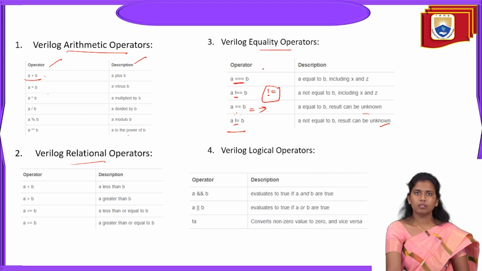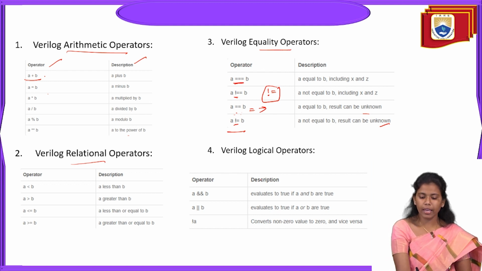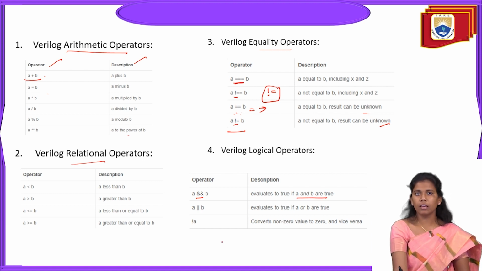The fourth one is the logical operator. Here we see A && B, which evaluates to true if A and B are both true. If A and B are true, then the expression goes with the true condition.